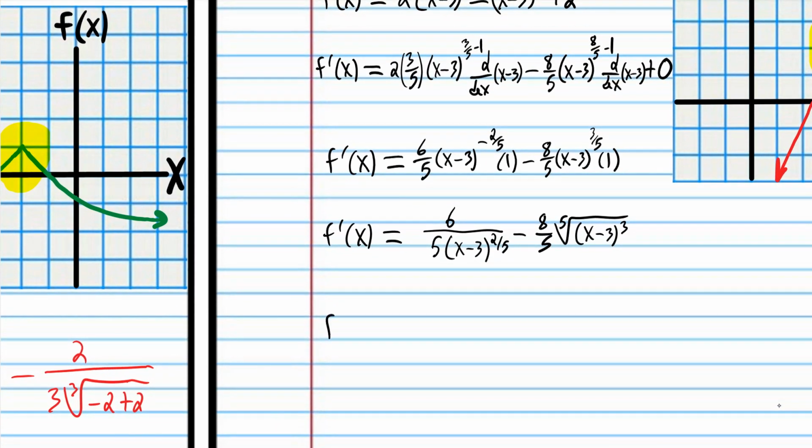And we're going to do the same thing for the other root. We have 6 over 5 times the 5th root of x minus 3 squared. So now we can see what's actually happening.